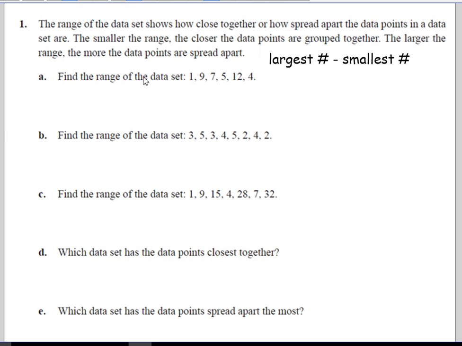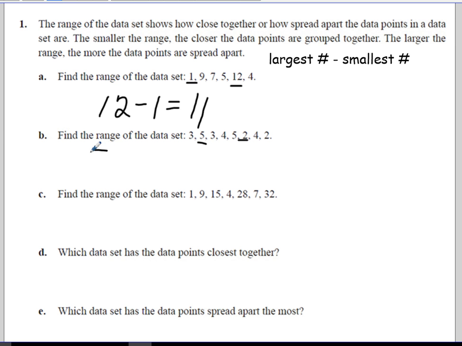So when we look at our first data set, you can see that the largest number that we have is 12. And the smallest number that we have is 1. So the range for our first set of data would be 11. In part B, the smallest I see is 2 and the largest is 5.